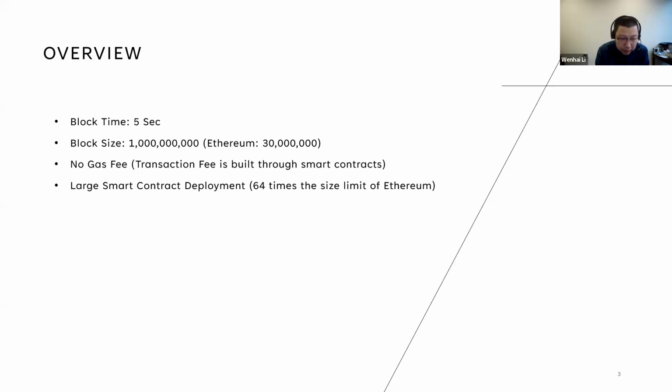We do not have this kind of limit on our blockchain. You can directly deploy a very large smart contract, there should be no problem. Actually, right now we allow 64 times the size limit of Ethereum.